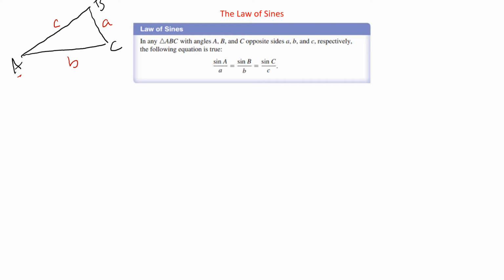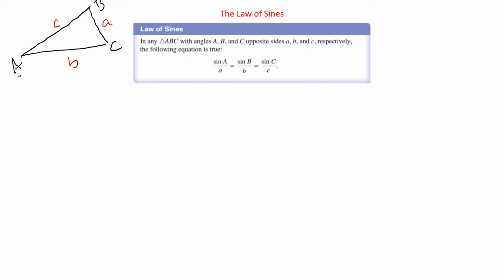Now, we don't usually have two equal signs in equations, and when you're using this, you're only going to have one. You're going to pick any two and work with those. We can also take the reciprocals of these, by the way.